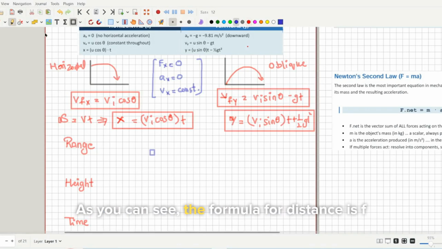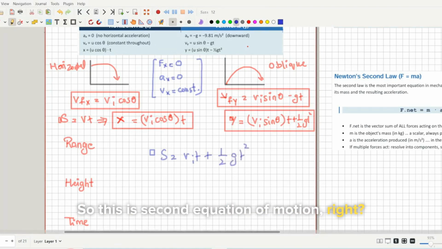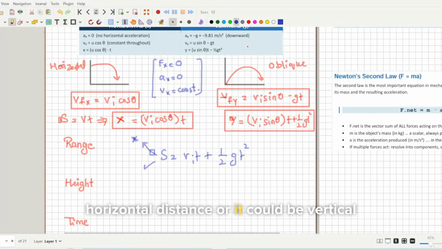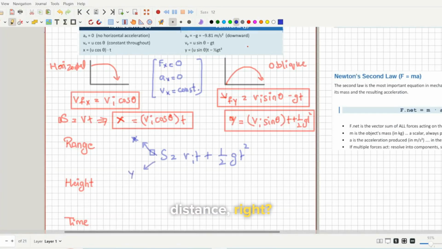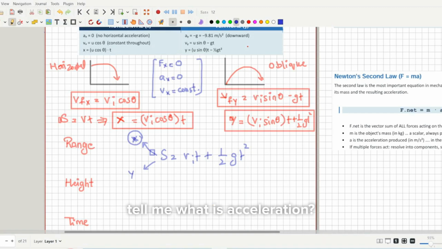As you can see, the formula for distance is s equals vit plus half gt squared. So this is the second equation of motion, right? Distance could be horizontal distance or it could be vertical distance. If we have to find the vertical distance, can you tell me what the acceleration is? You can say a is equal to x.